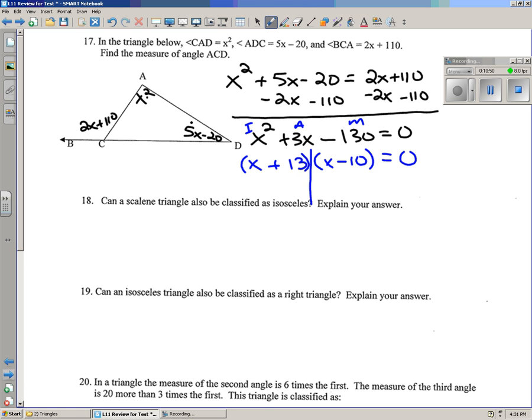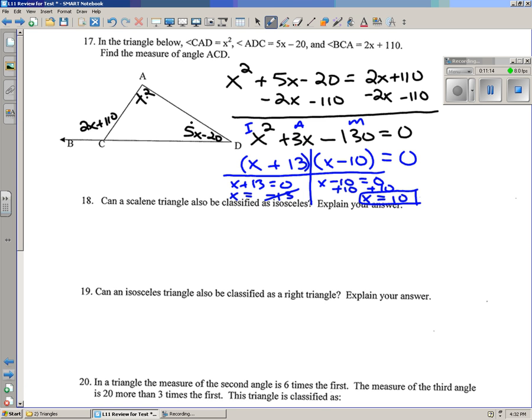So then, take each factor, set it equal to 0. x equals negative 13, which for algebra purposes is great, but for our purposes, we reject that answer because we're dealing with angle measurements. And here, x is 10. x is 10 is going to be the x value that we need.